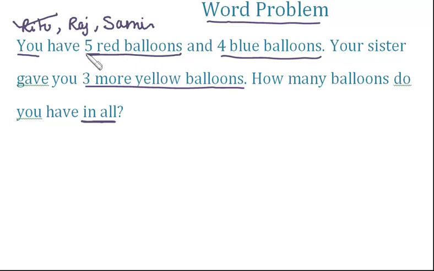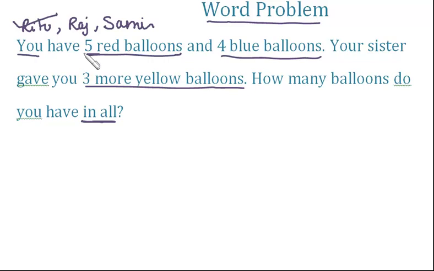Now 5 red balloons. Over here you're given the quantity of a particular thing and what that particular thing is and what the color is. This is also very important because it describes the thing that you're supposed to add.